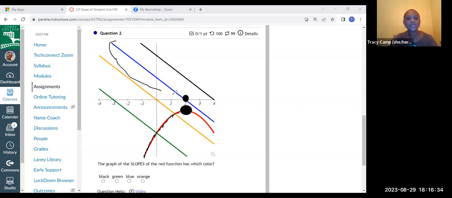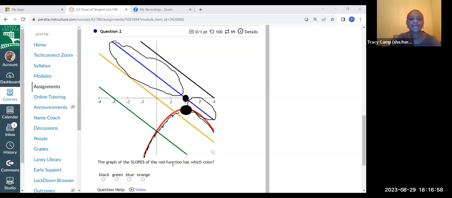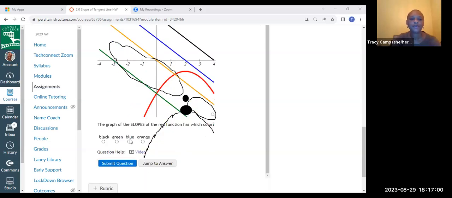And this blue line here is in fact above the x-axis. After I hit the top, I start to go down the hill, which means my derivative has to be negative, which means below the x-axis. And my blue line definitely is the line. So, blue.